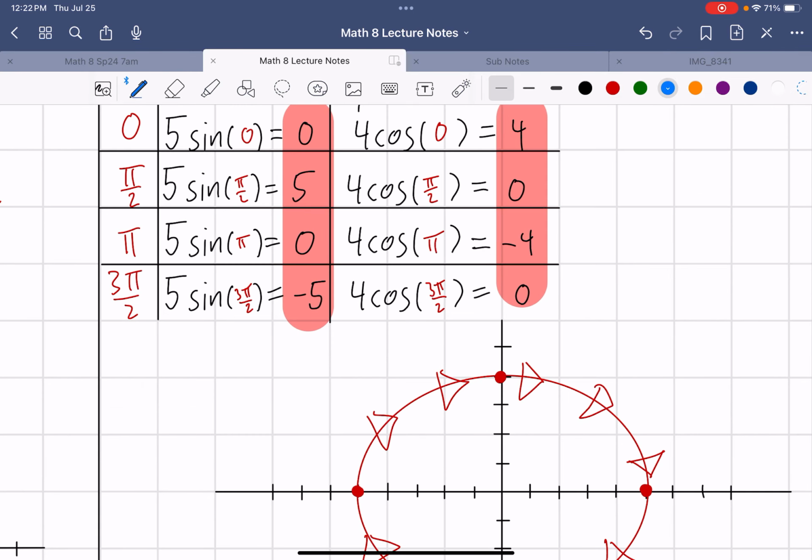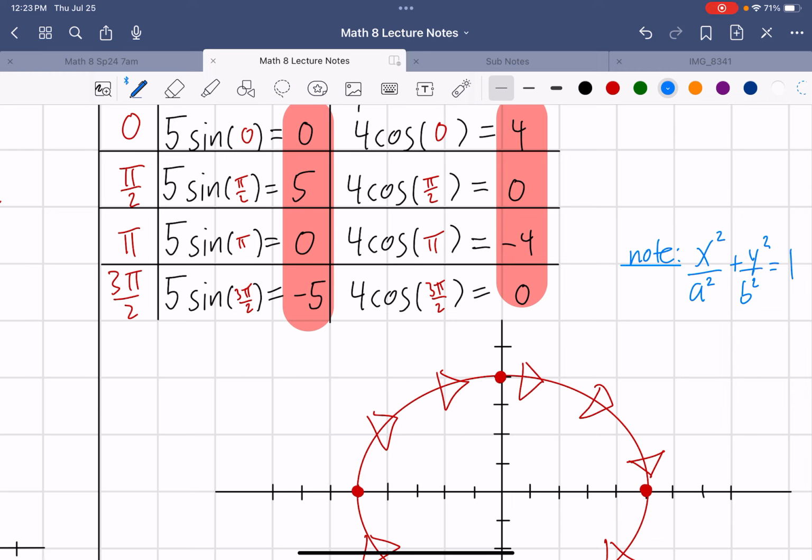Now, like I said, if you remember, this was an ellipse. And in algebra, the equation of an ellipse was in this form: x squared over a squared plus y squared over b squared equals 1.